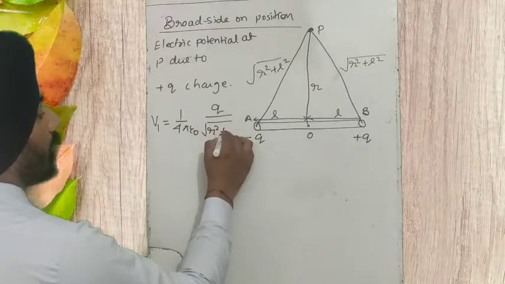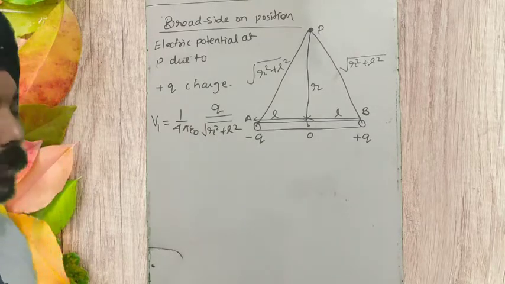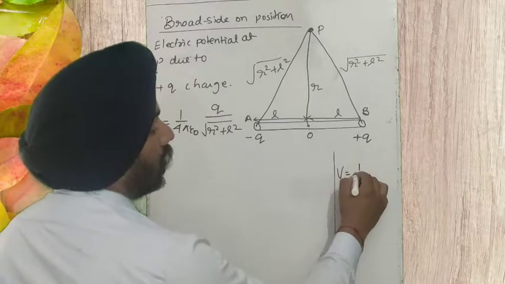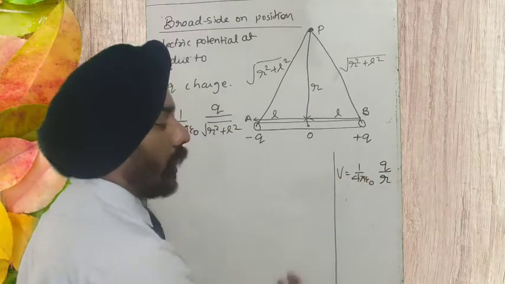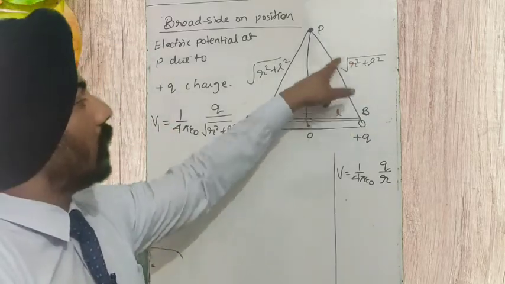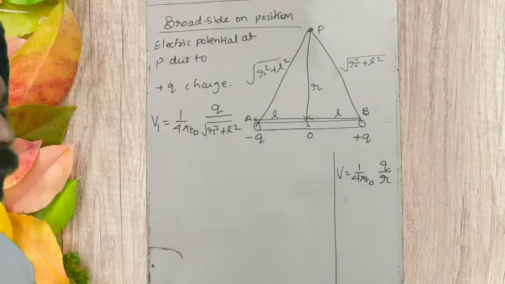We keep it as it is. Once again I am recalling your memory that V is equal to 1 upon 4 pi epsilon naught q by r, there is no square on distance. So we have to keep this under root r square plus l square as it is.